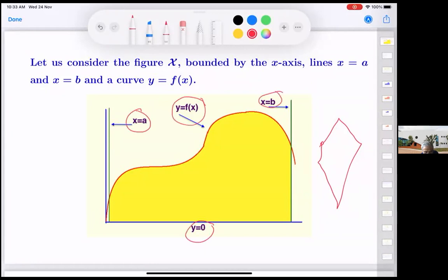So three sides are straight lines: the ground at the bottom is the x-axis, on the left and right there are lines parallel to the y-axis, and in between there is some curve, some function which is positive.